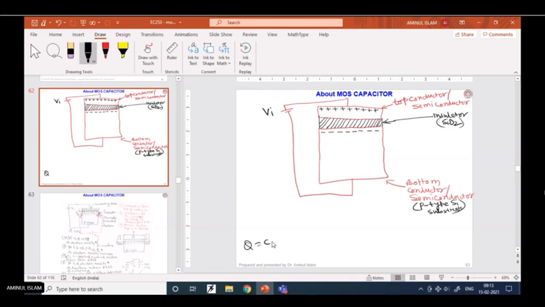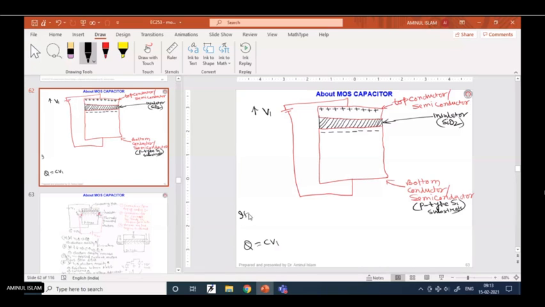Q is equal to C V1 or not? I'll be calling it V1. So if we increase the V1 and C remaining constant, what will happen? Charge will increase? Yes or no? Yes, sir.